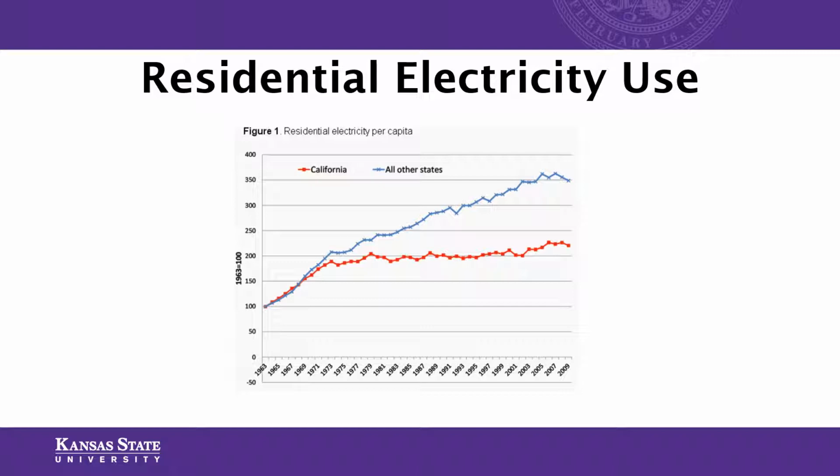So, for example, the average Danish household uses about half as much electricity as the average California household. So, that means there's a lot of scope left for reducing our energy demand and using less electricity in our homes. And the reason why I'm focusing on homes is because you, as a home owner or renter, have a lot of control over your residential electricity use.